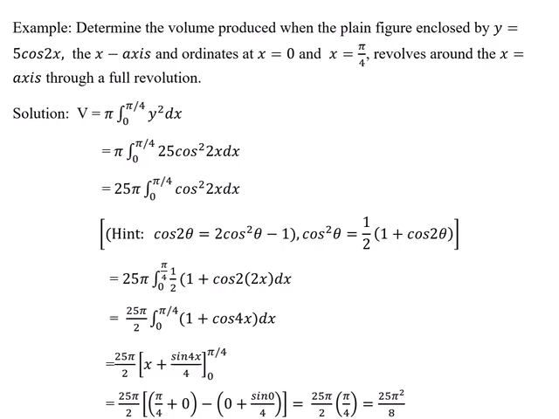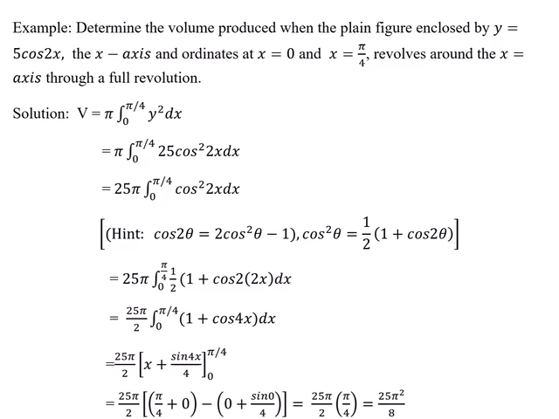So here we have the solution. y is given, the intervals are also given from 0 to pi over 4. So we now substitute into the formula of the volume of revolution.